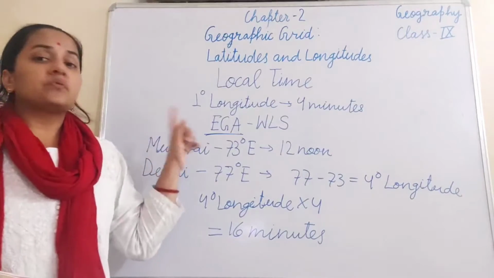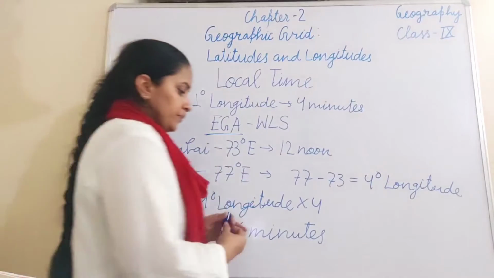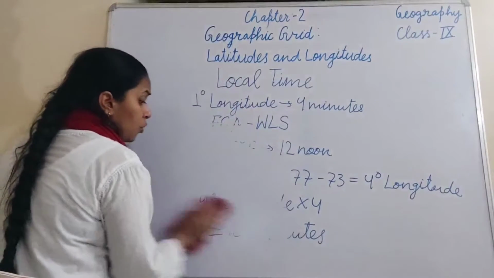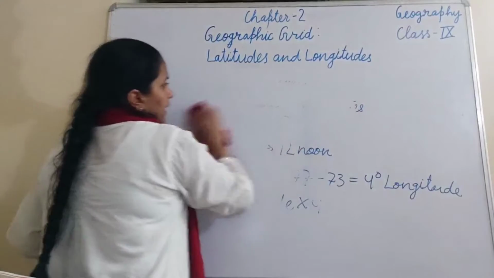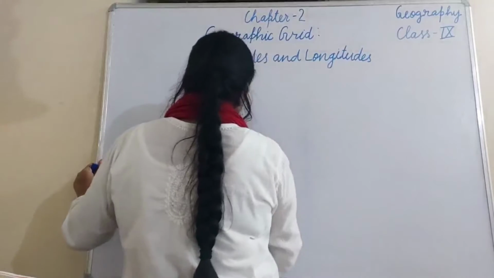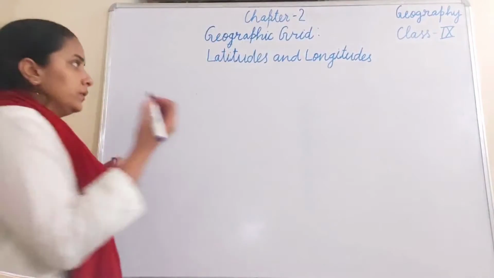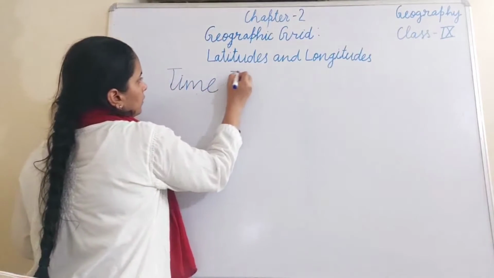So the next thing we are going to discuss is the time zone and the standard time. The time that we follow all over India is the standard time. And how do we get it? For that, first we will discuss the time zone. What is the time zone?